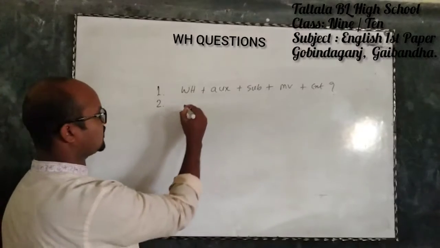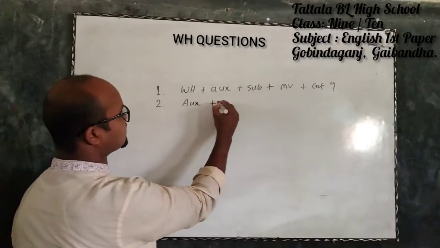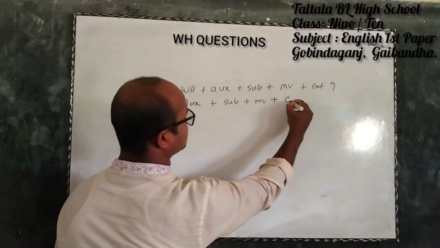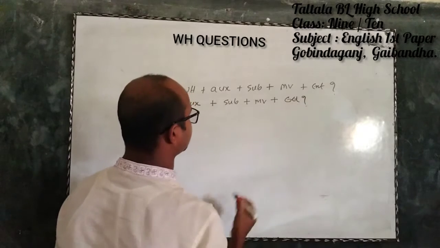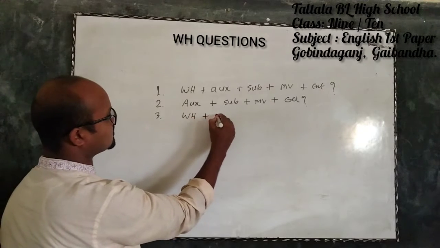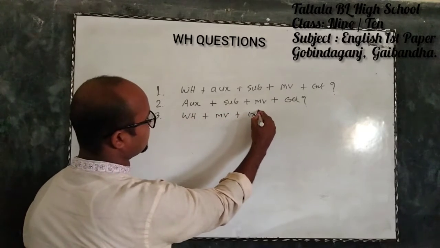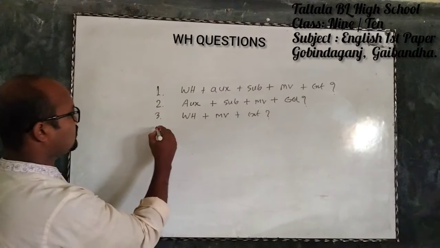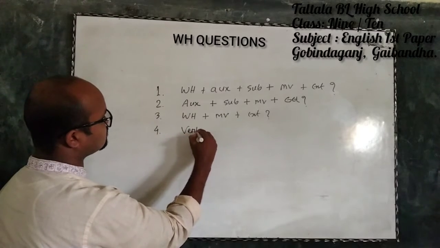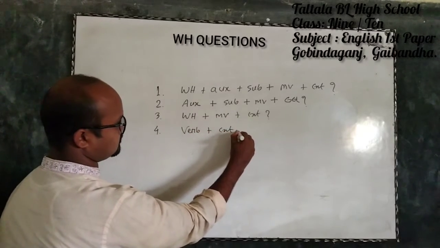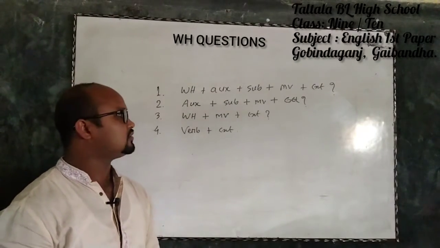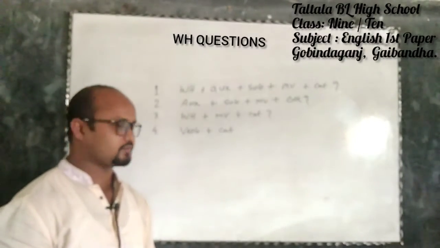The second structure is auxiliary plus subject plus main verb plus extension plus question mark. The third one is WH plus main verb plus extension plus question mark. The fourth one is verb plus extension. There are four rules. We can use these rules to make WH question.